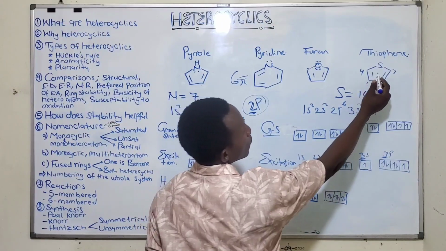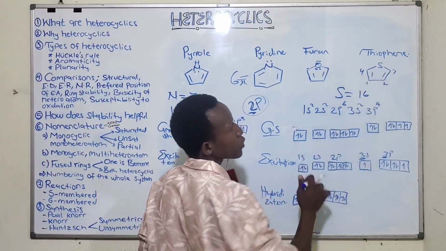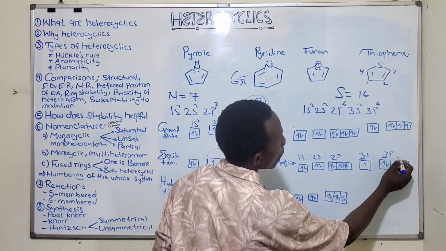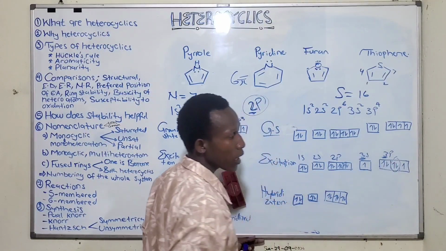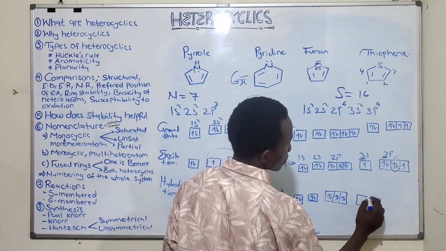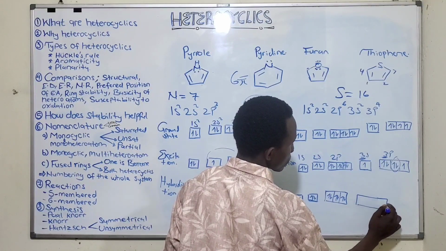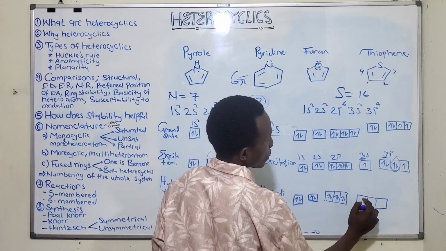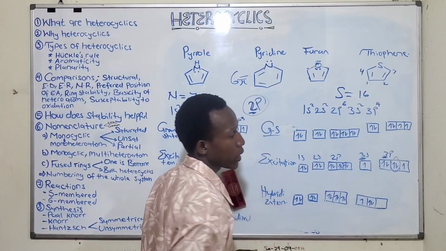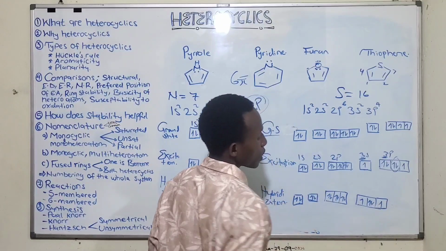Then sulfur, here we have 4 electrons. Sulfur should contribute 2 electrons, meaning that we shall have one of the lone pairs remain unhybridized. Then we have these. We have the 3s, then we have one lone pair, then one electron.